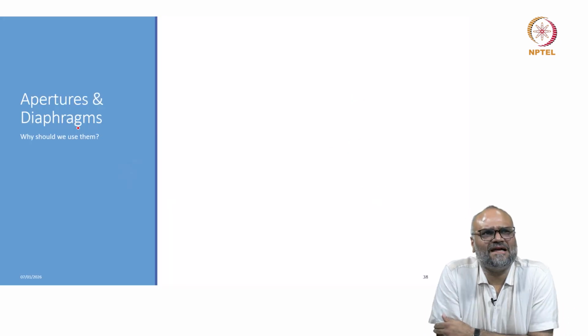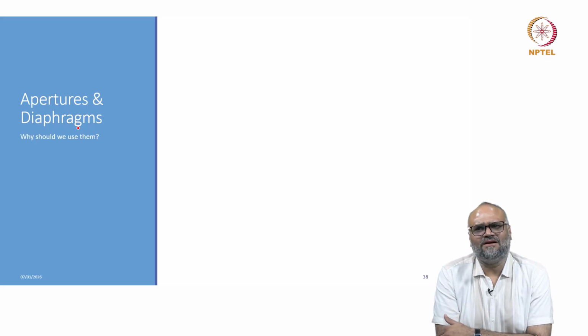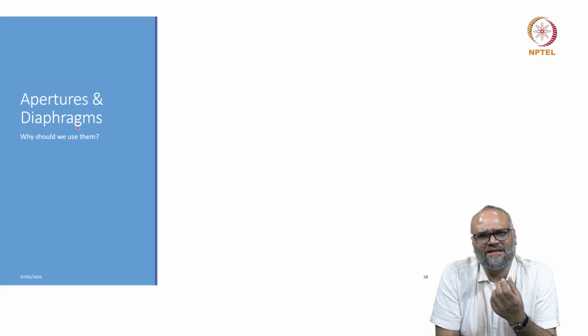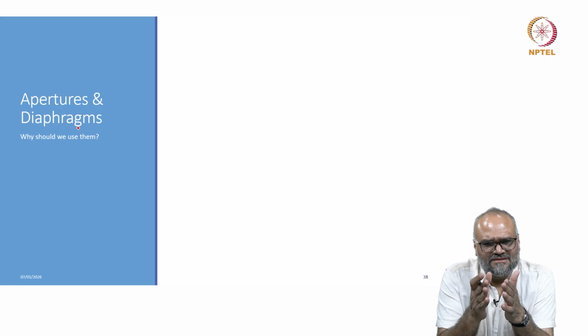First of all, what exactly is an aperture and why should you use them? If anyone has used a DSLR camera, you might know that there is something called changing of the aperture size. You want to make the aperture wider when you want to focus on a very small object.